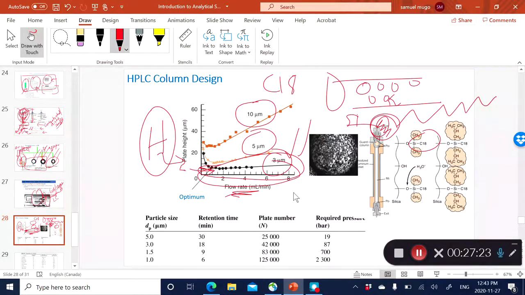The only problem is when you've got very, very small beads, the pressure also increases, and that is a problem. If the pressure increases, then you get things like leakages and so on, which you do not want.